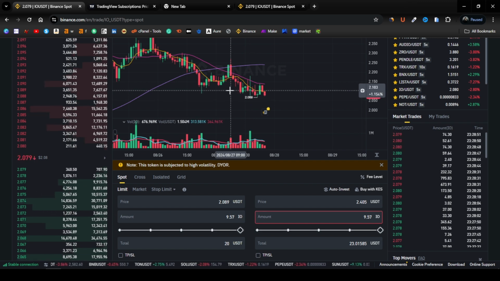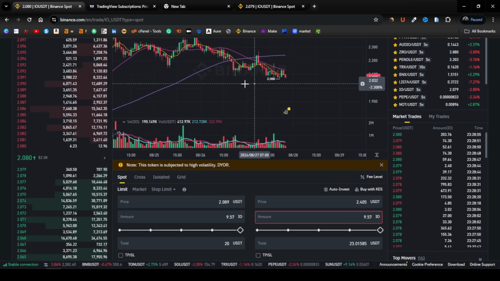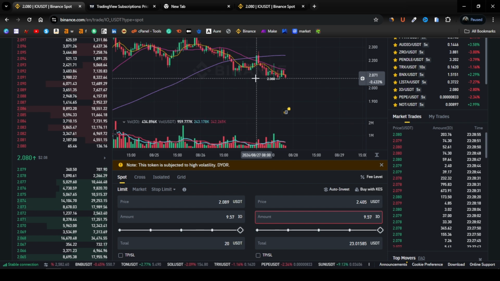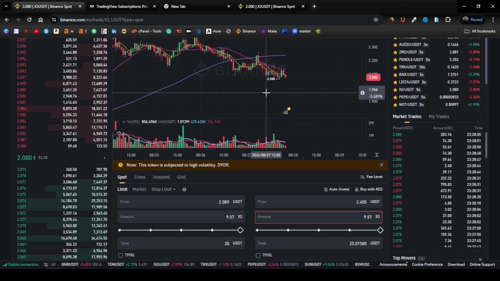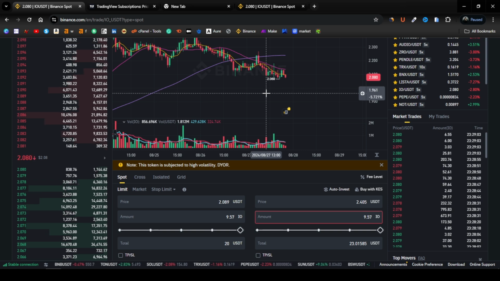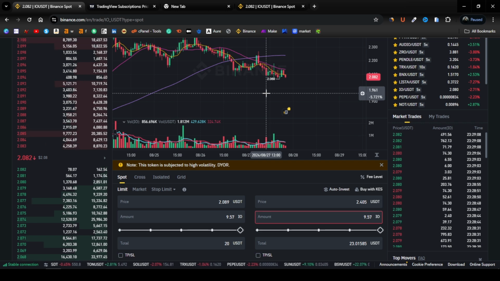Let's say, according to your technical analysis, you might think that the coin is going to drop to around 1.961. You can put a limit order of 1.961, and what that means is that when this coin reaches a price of 1.961, your order is going to be fulfilled, and you're going to buy that coin at that price.